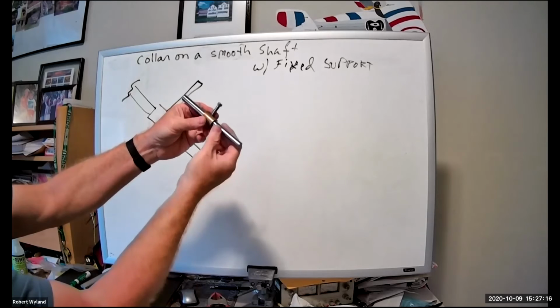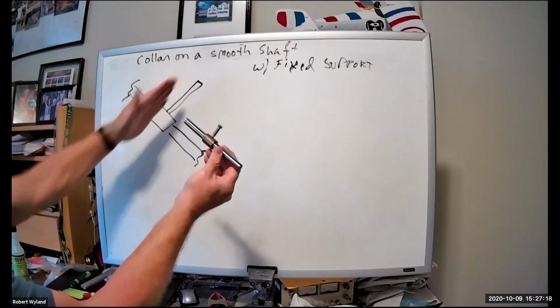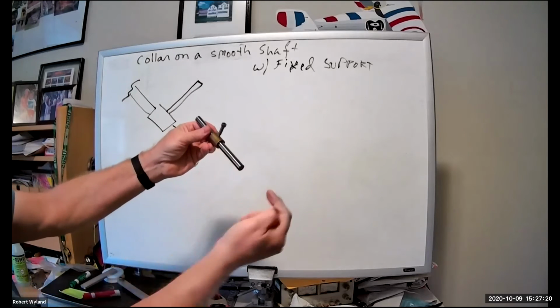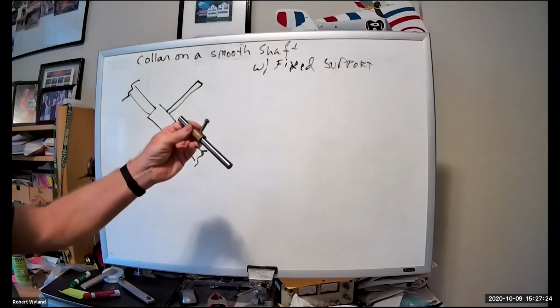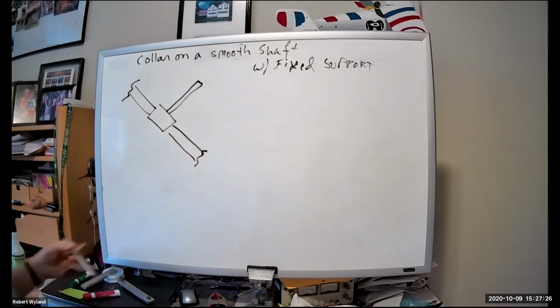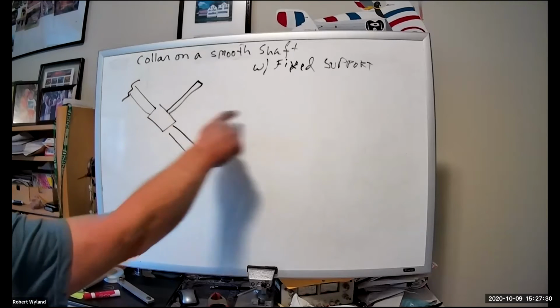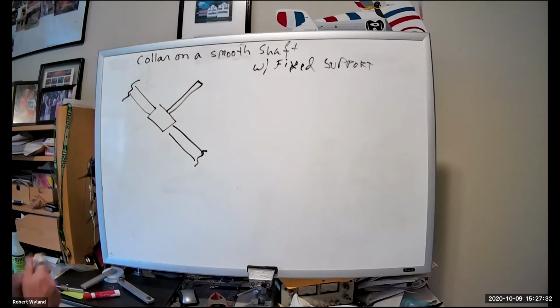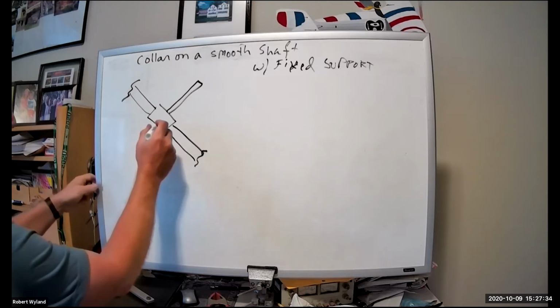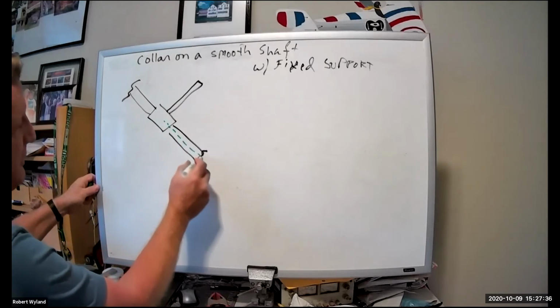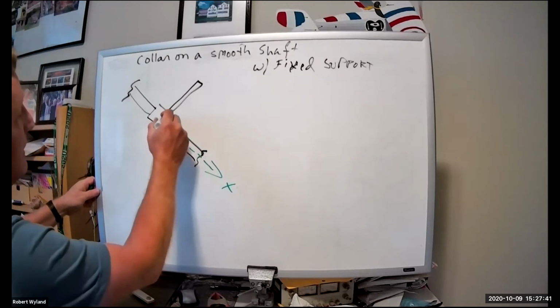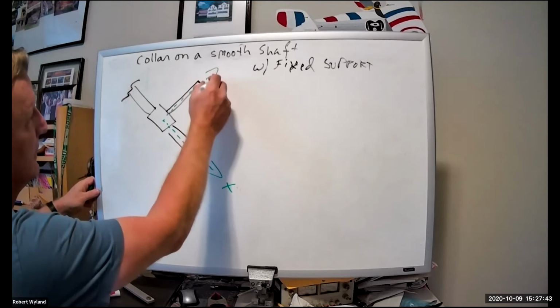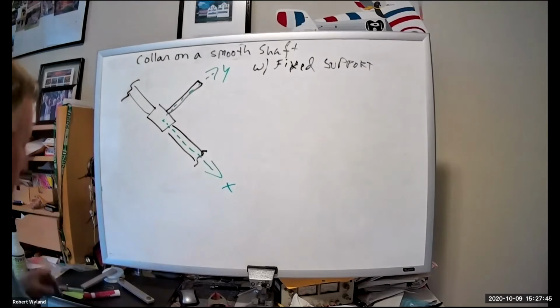It's not very well attached. You can see that we can have a reaction along this way, and if I push this way, it's going to slide. What throws people a lot in this case is they want to draw X and Y this way. What you want to do is draw your orientation differently than you did in the last one. Let's call this X. Call this Y.